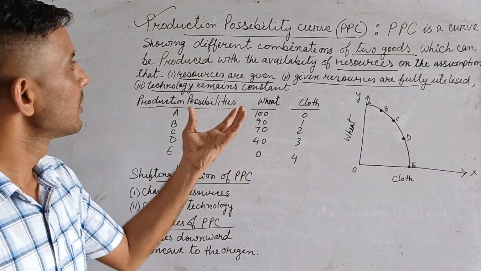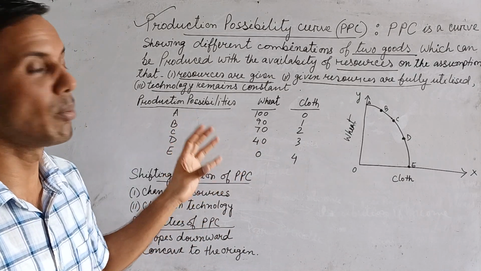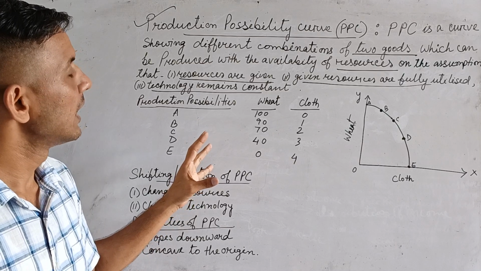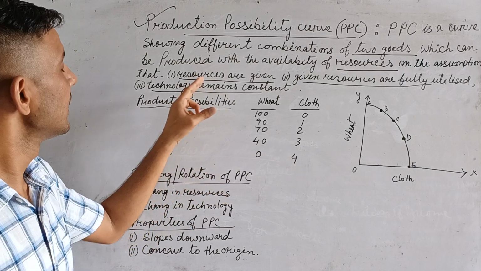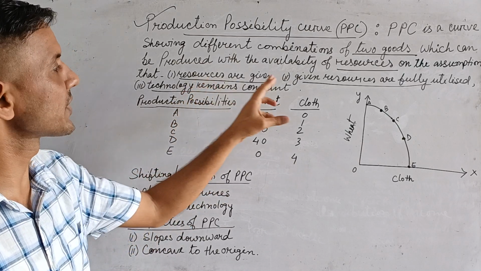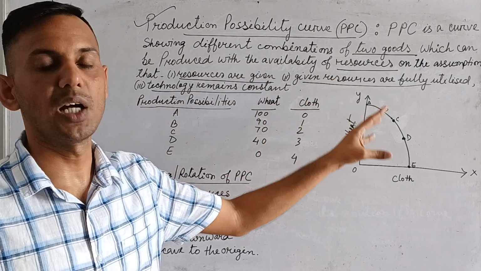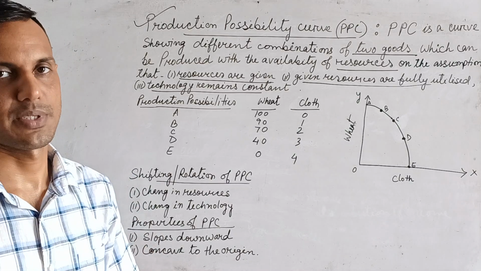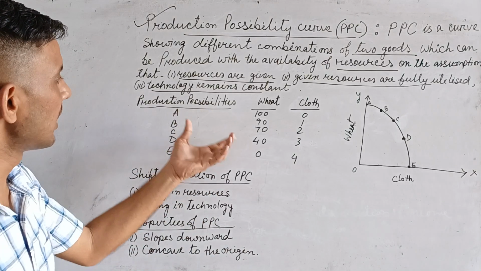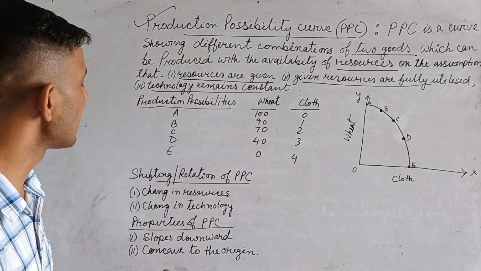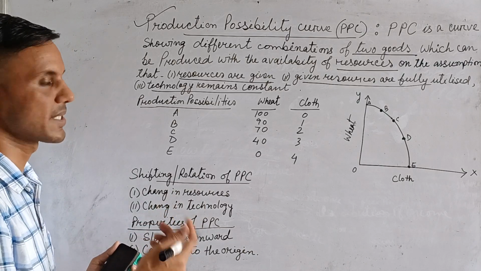So it means PPC explains the combination of two goods that can be produced with given resources and technology, where resources are fully utilized. I have already prepared a table. For example, these are the possibilities.